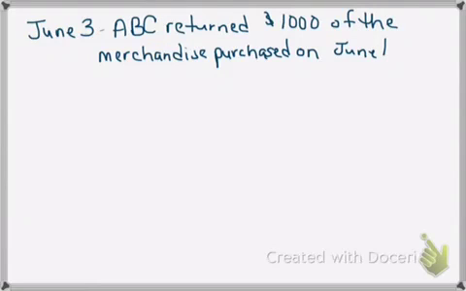Then we look at ABC returned $1,000 of the merchandise purchased on June 1st. So if they actually make a return here, what this means is that our inventory account is going to decrease because we no longer have it in our inventory because we returned it to our supplier.